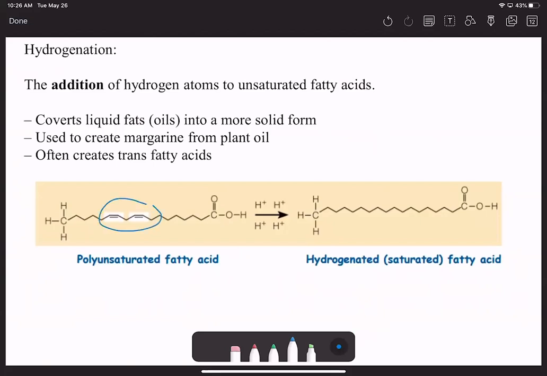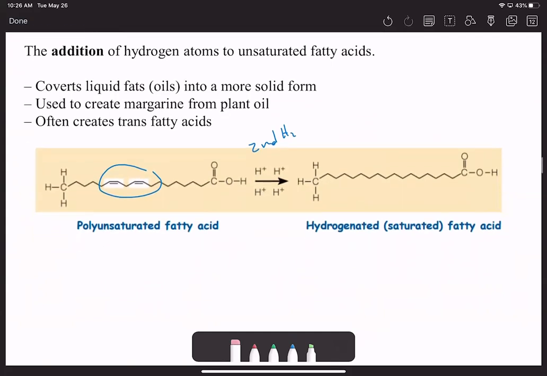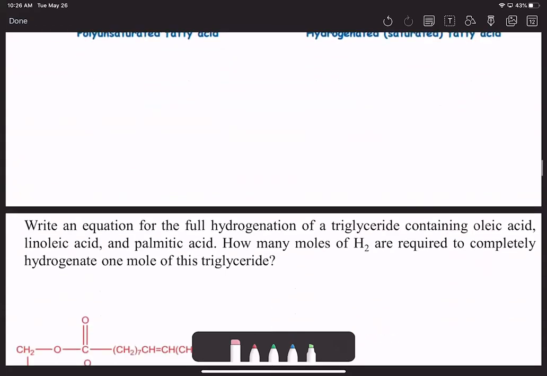So here we see 2 double bonds here, which means that it's going to require 2 moles of H2, right? 2 moles of H2. And if I got 2 moles, that's where we have 1, 2, 3, 4 here, right? That's simple math. But we are going to need 2 moles of H2 in order to hydrogenate that. But it is just a hydrogenation reaction from organic chemistry that we've seen.